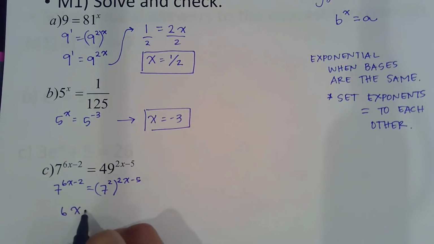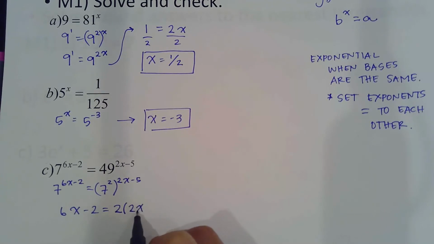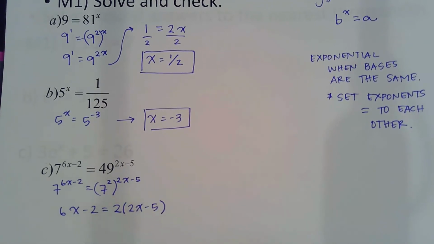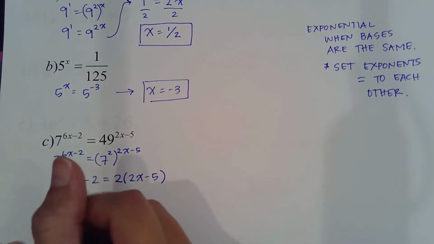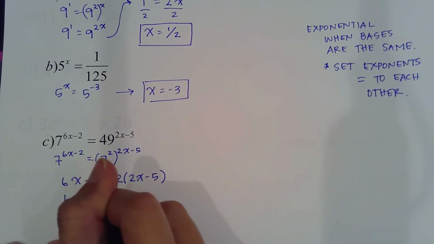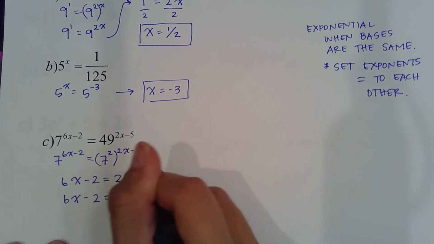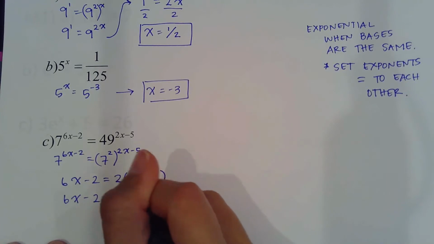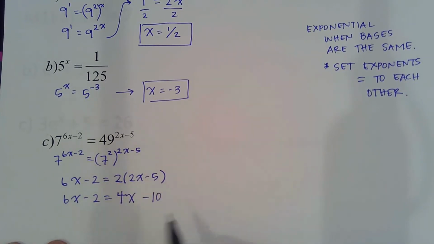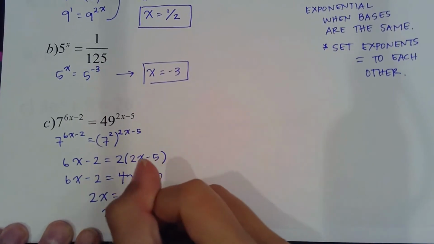So that'll be 6x minus 2 is equal to 2 times, because remember you multiply those exponents, 2 times 2x, which is 4x, 2 times negative 5, which is negative 10. Subtract your 4x, so you'll have 2x. Add your 10, so you'll have negative 8. So x will be equal to negative 4.